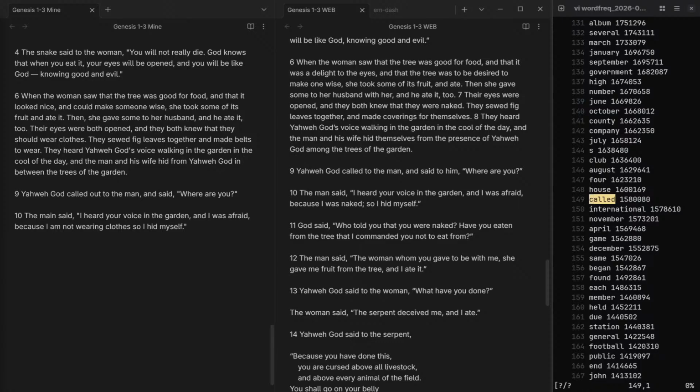Okay, so my thesaurus stopped working. That's exciting. Okay. I think belt is a bad word to use.